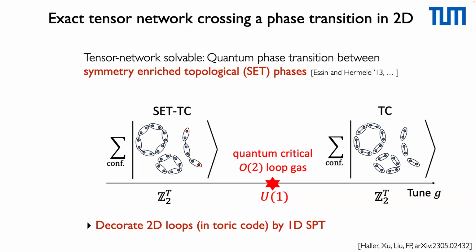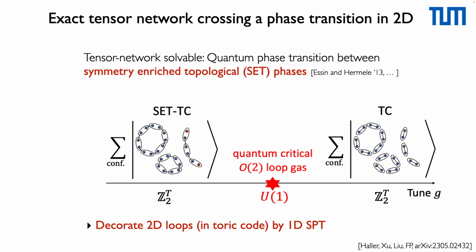Previously, a loop in the toric code just corresponded to a spin up or a spin down. But now we have decorated loops, meaning that a loop can have some additional degrees of freedom. For example, you could think of the loops being made out of AKLT chains, and then you get a soup of AKLT chains, and that indeed has these symmetry-enriched topological properties.